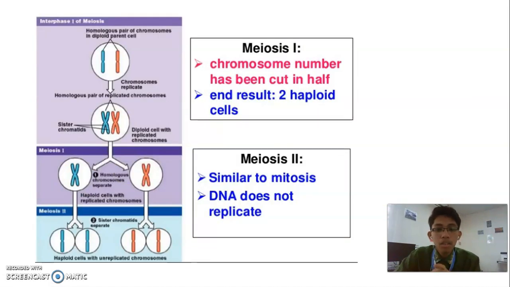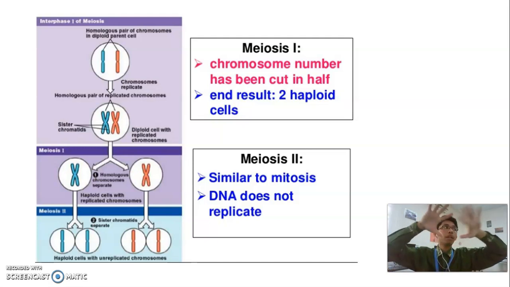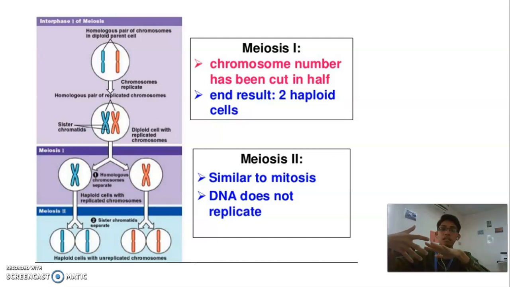Okay, so meiosis 1 dah habis, and in meiosis 2, bila dah homologous chromosome separated, so jadi dah sister chromatid dalam satu sel. Dan meiosis 2 ni basically similar to mitosis, sebab mitosis pun dia involve only sister chromatid. Jadi meiosis 2 basically samalah macam mitosis.